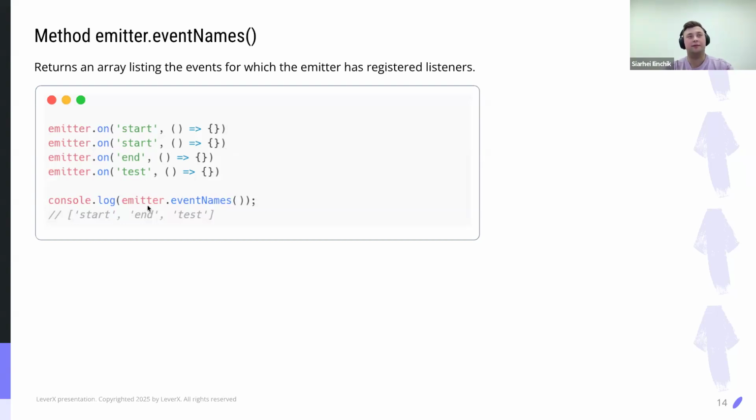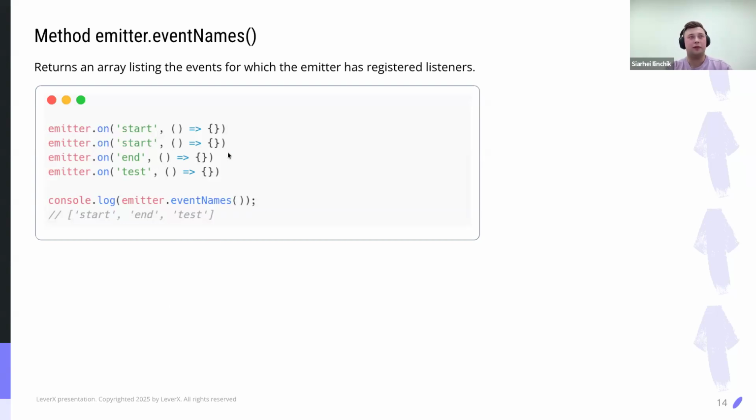If we want to have a look at which events can be emitted, which events are listened to in this emitter, we would call the eventNames method. And it would return an array with a length of 3. Yeah, because basically all event names are unique and you cannot have duplicated event names.